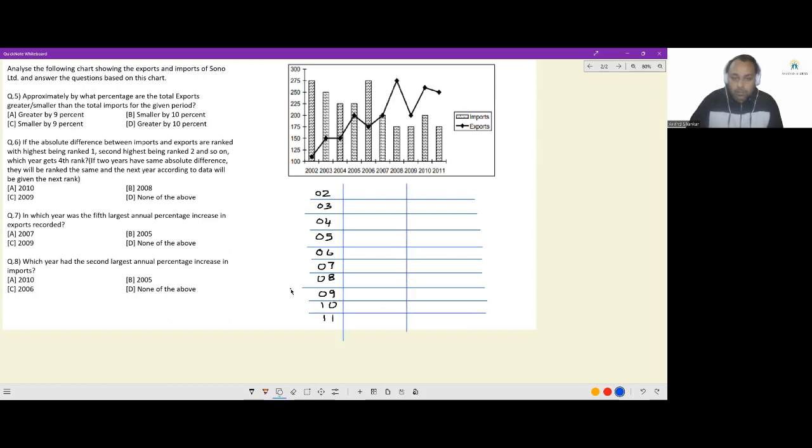And we have imports and exports. So imports come here, exports come here.